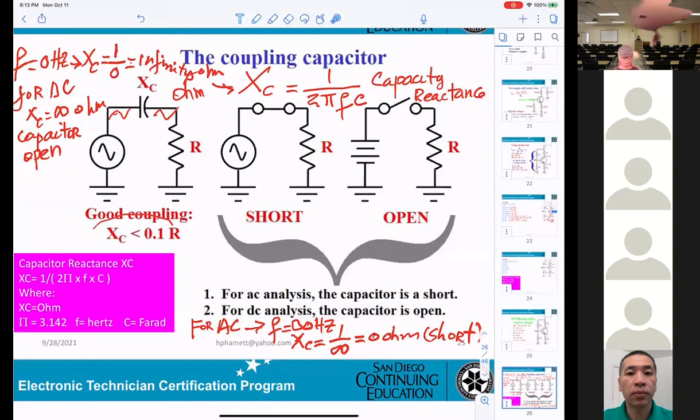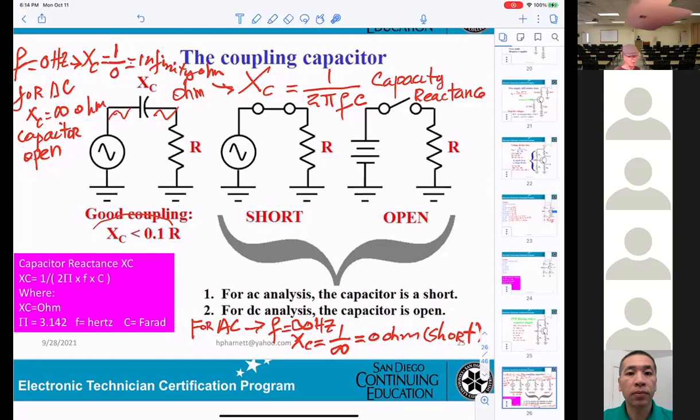DC plus the AC on top. Exactly. In general, when you set DC coupling on your scope, both voltages will be displayed, DC and AC. Okay?